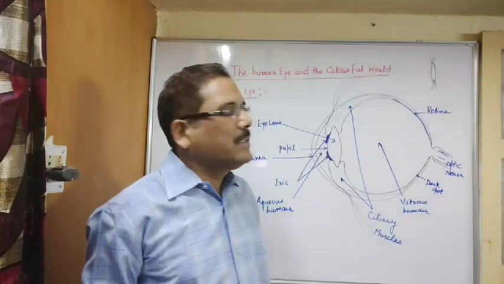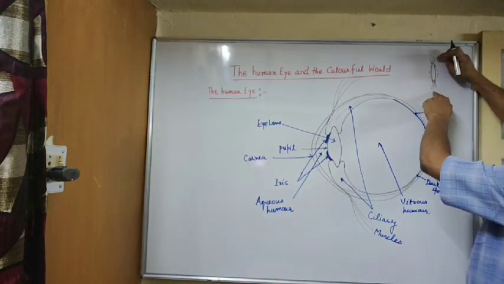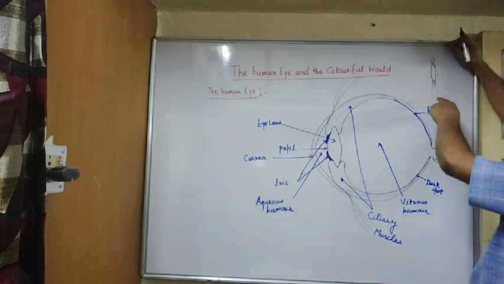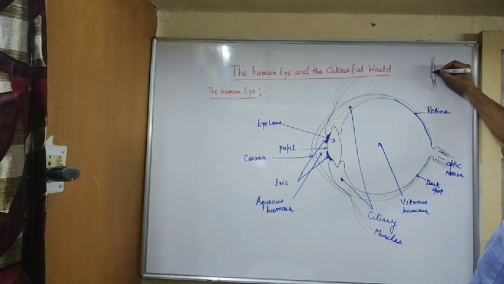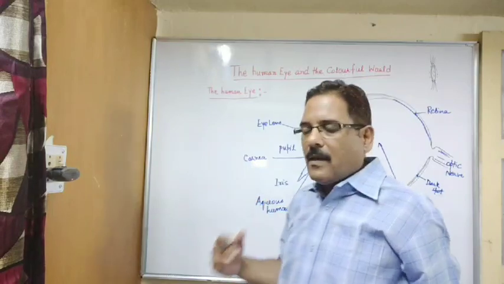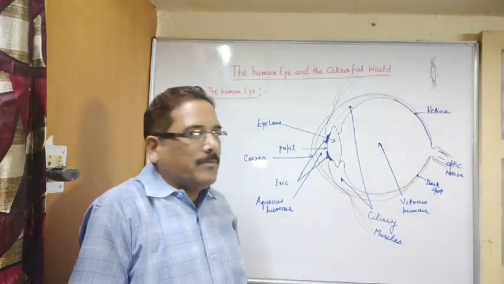Now when you have to see far off objects, the ciliary muscles relax and stretch the eye lens. When it stretches the eye lens, the lens becomes thin, and a thin lens has a large focal length, so you are able to see far off objects.